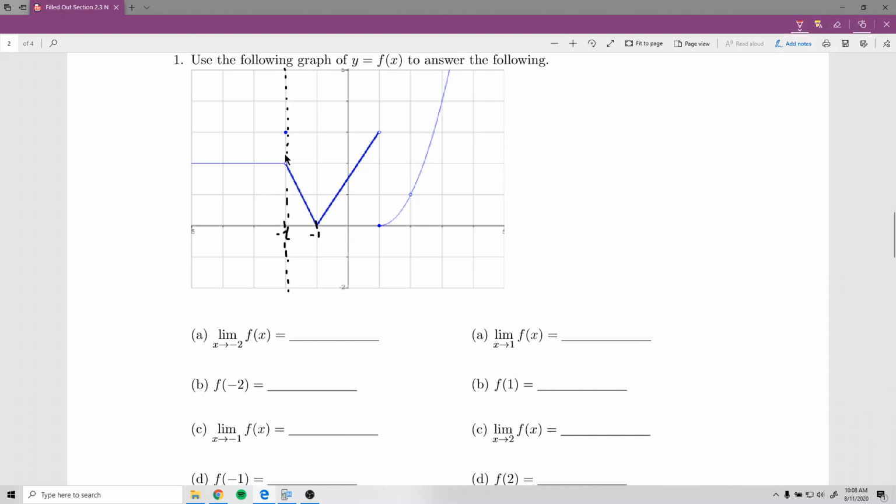Well, what's the y value as we walk towards this point on the graph? Well, we're walking towards 2 from both sides. We have to be sure we remember that. It's going towards y equals 2 from both sides.